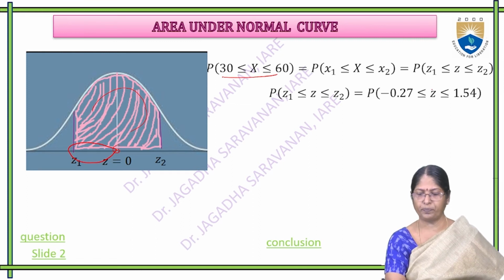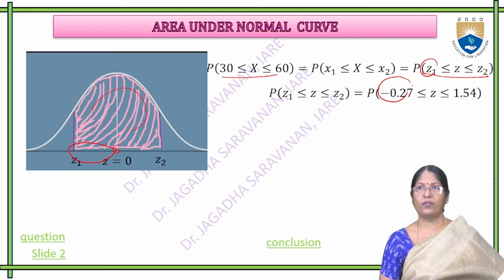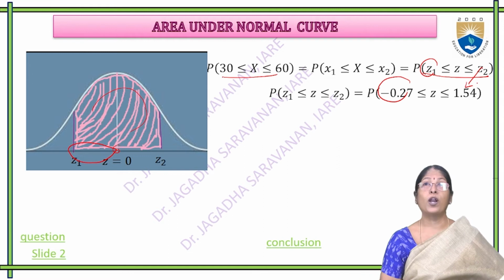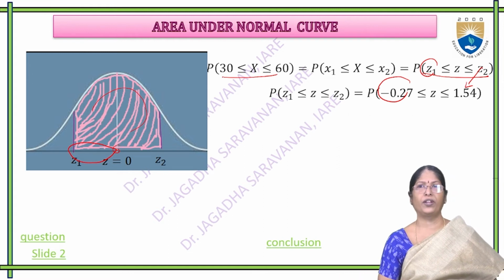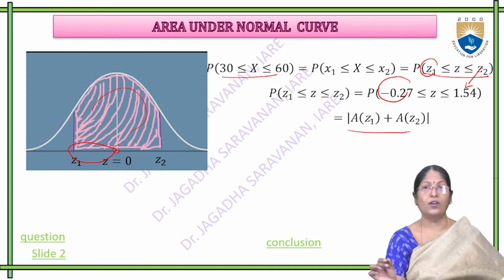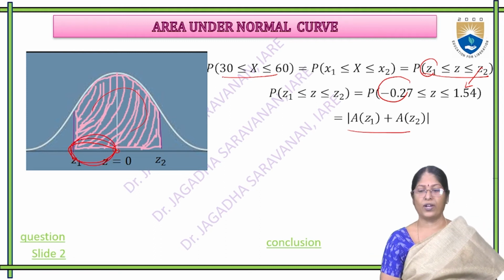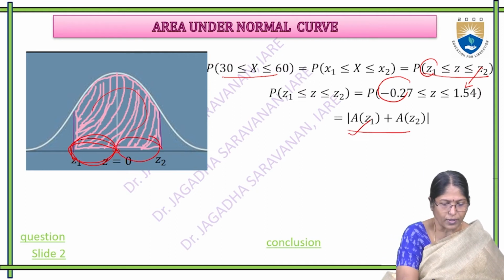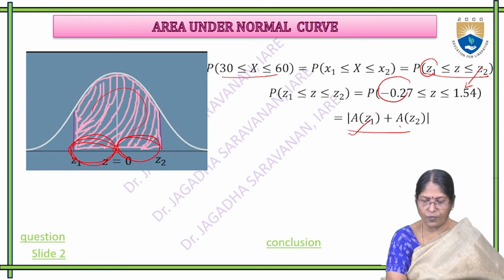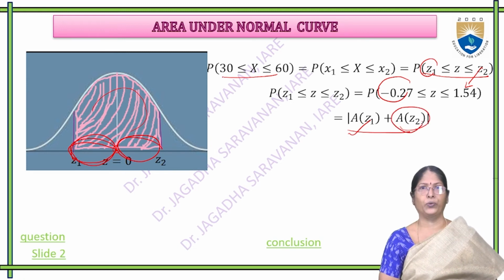First we can see it here. z1, we obtained it, minus 0.27, in the particular place which is written. z2 is 1.54, that we have written. This is the formula according to this problem. Part one is the area of z1, and this part is the area of z2.